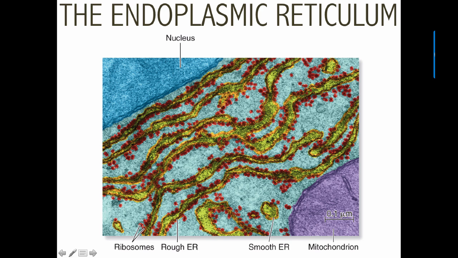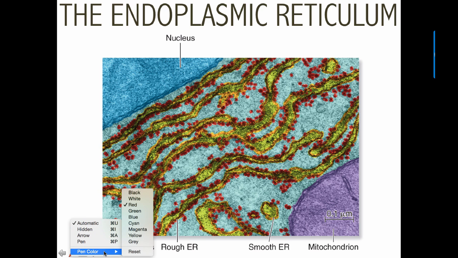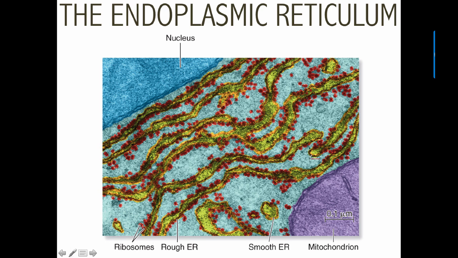If you're curious about what this looks like through an electron microscope, here's an electron micrograph of some rough ER, and there's a little bit of smooth ER in here as well, a little bit there, a little bit here, and a little bit more down around here. That's characterized by no ribosomes.